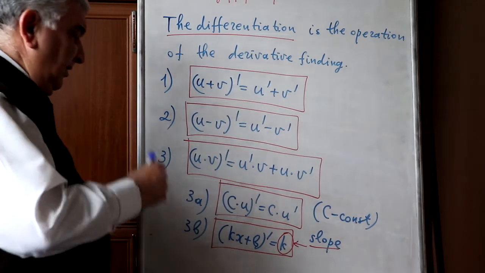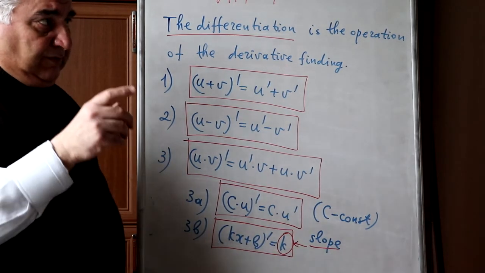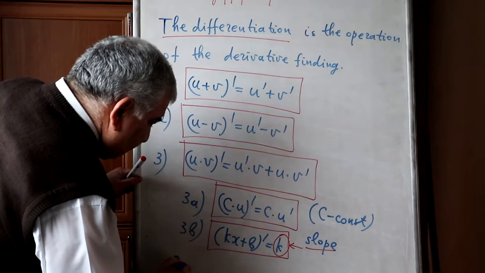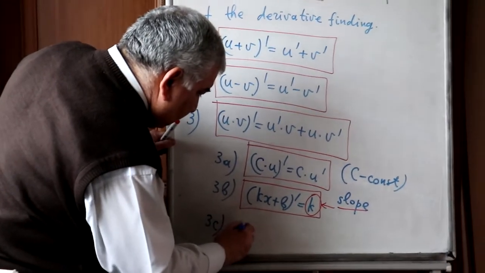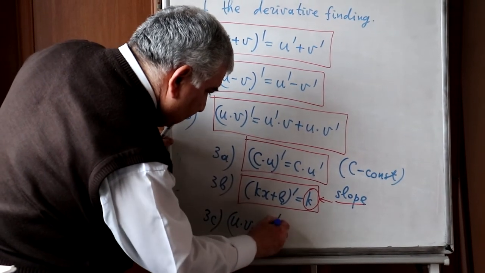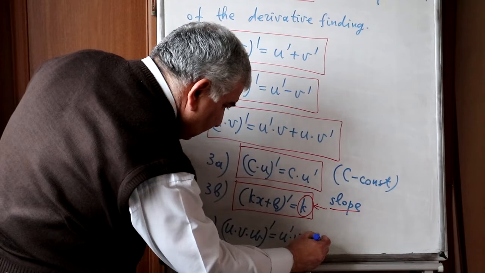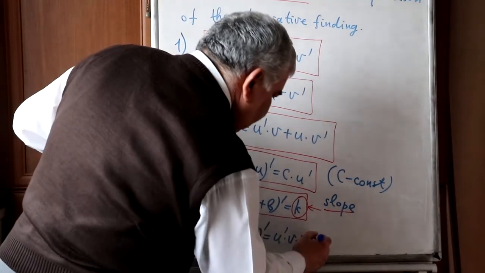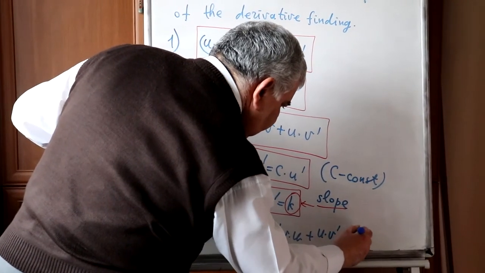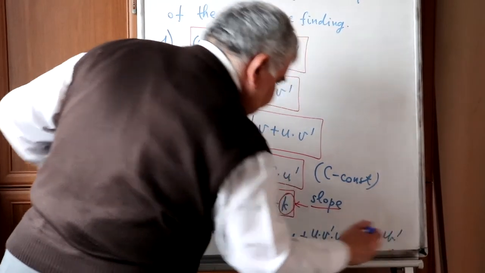And finally write the derivative for the product with three factors. 3c: u multiplied by v multiplied by w prime equals u prime multiplied by v multiplied by w plus u multiplied by v prime multiplied by w plus finally u v w prime.